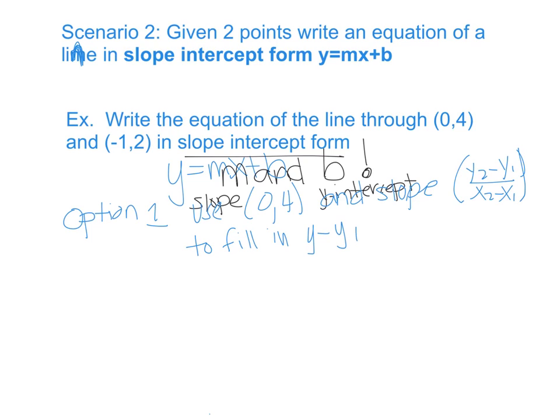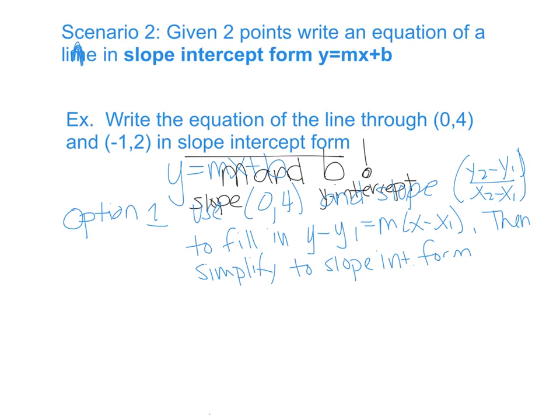Y minus y1 equals m parentheses x minus x1. Then simplify to slope-intercept form.